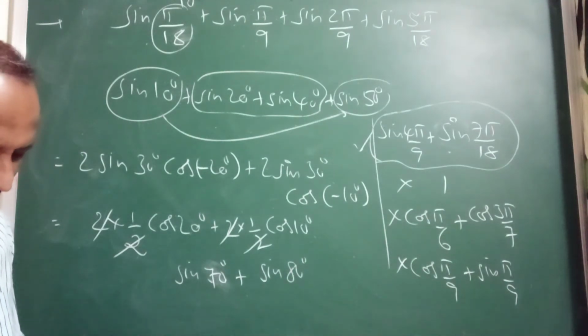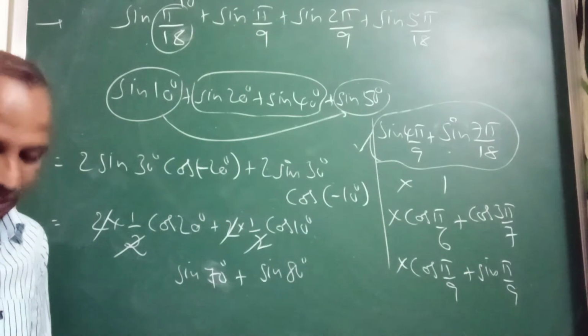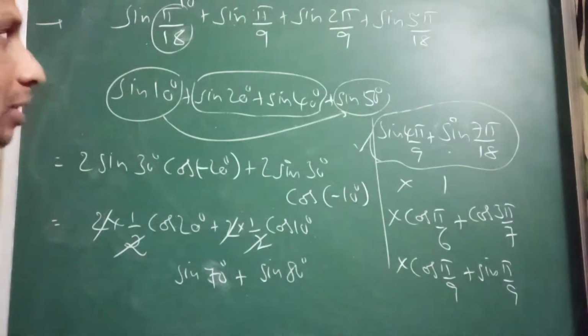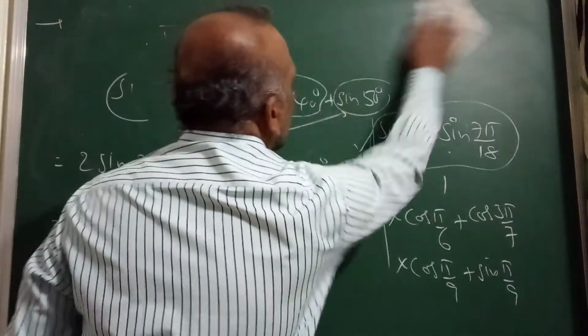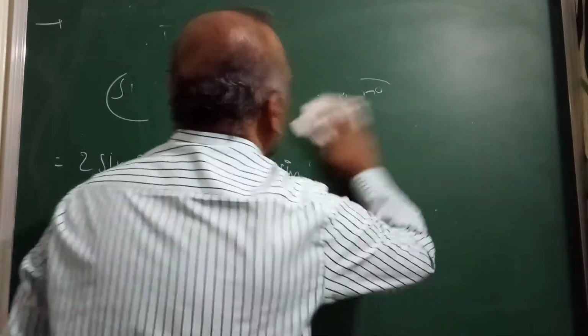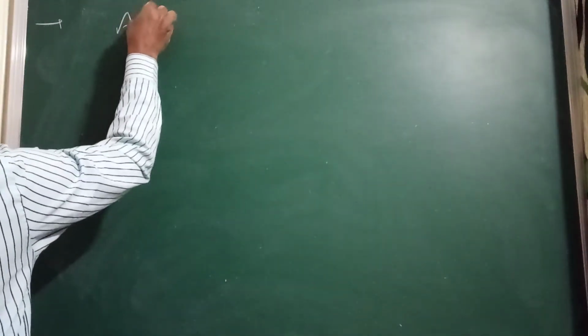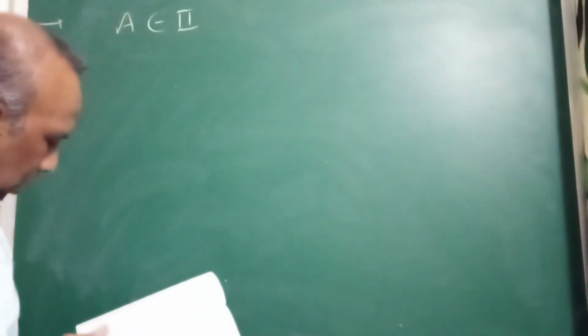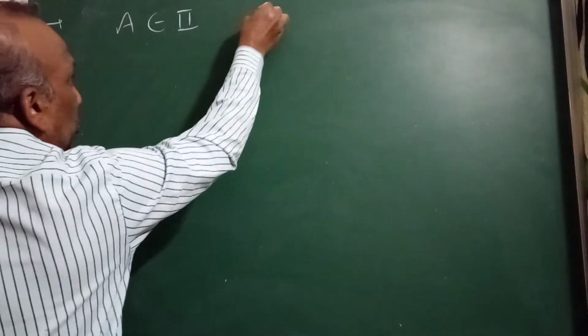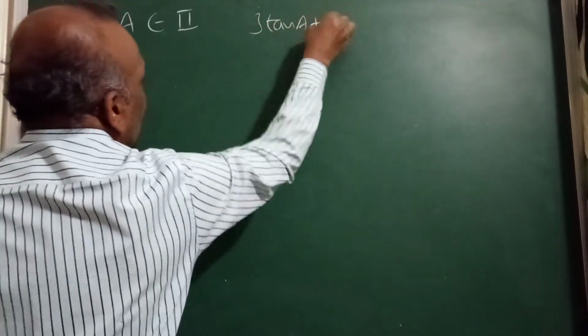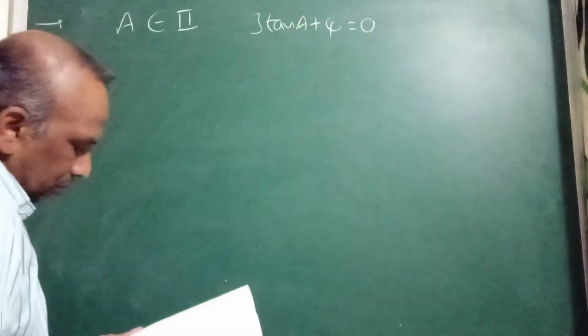Now the next one: if A lies in the second quadrant and 3 tan A plus 4 equals 0, they have given.